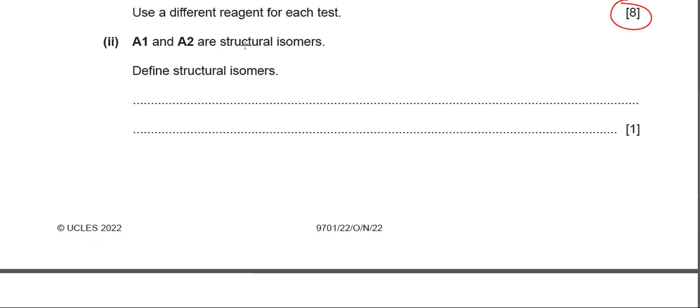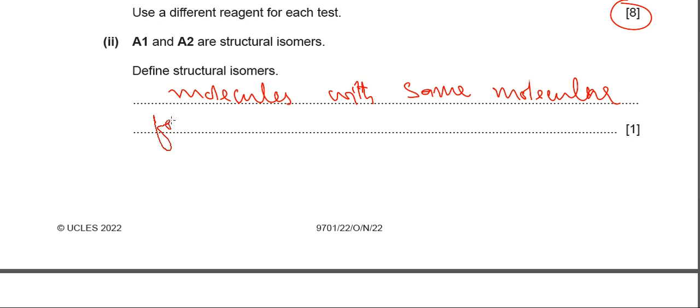A1 and A2 are structural isomers. Define structural isomer. Very simple. A compound with the same molecular formula but different arrangement of atoms, or different structural formula, or different displayed formula.